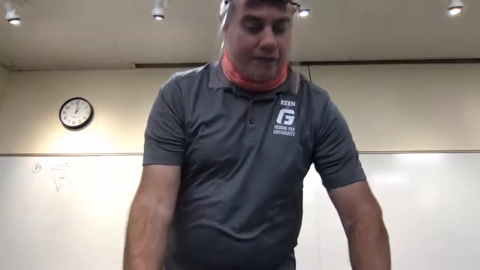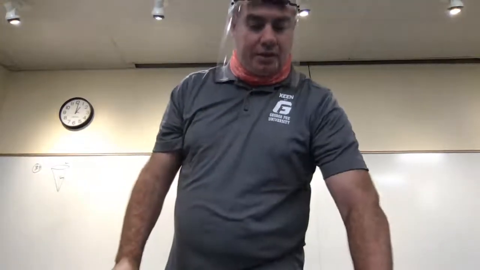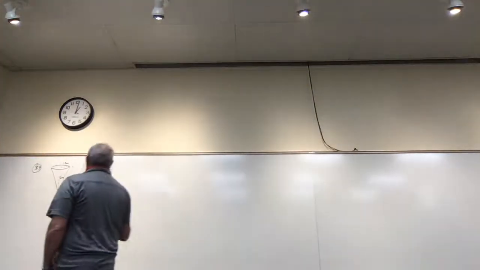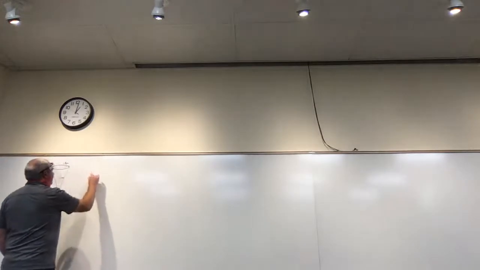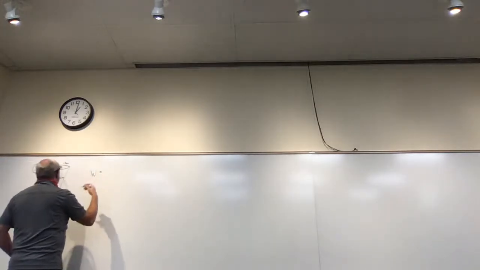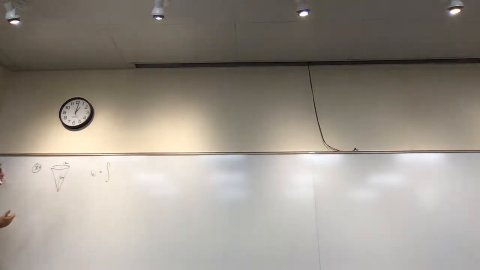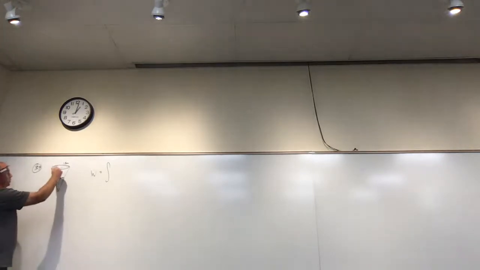So for this, we do need the formula for work, correct? And so our formula for the work required to pump things out of a tank. Well, first of all, we have to decide where to set up our axes, right? What do we want to be our 0 point here? And what do we want to be our 6 point?